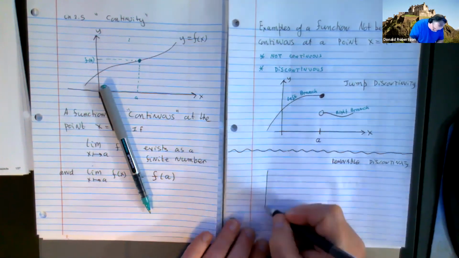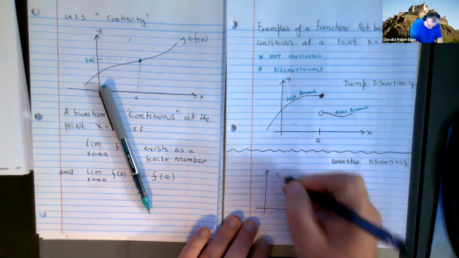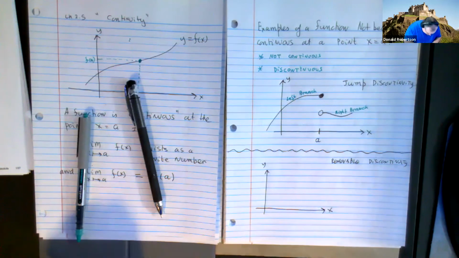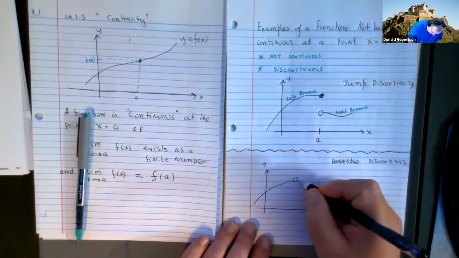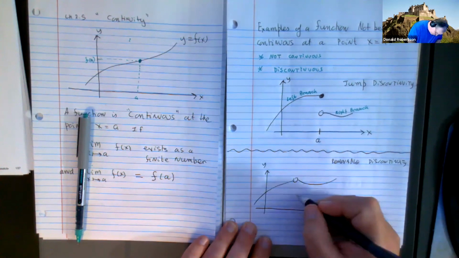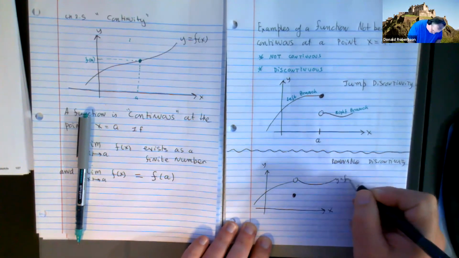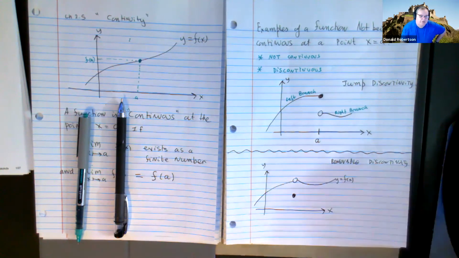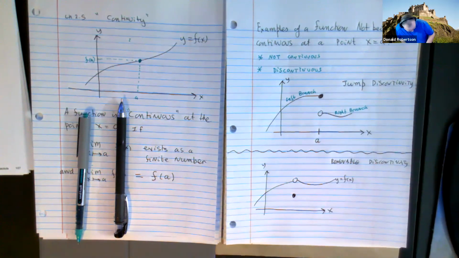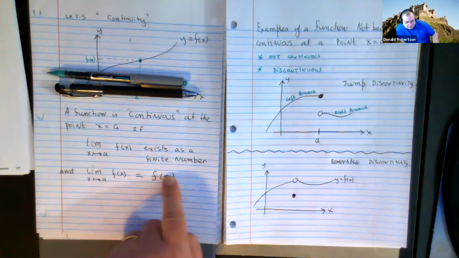Here is an example of a removable discontinuity. Now, you might be looking at that and say, I don't see a problem with that. That looks quite nice. Well, it fails under the second restriction.